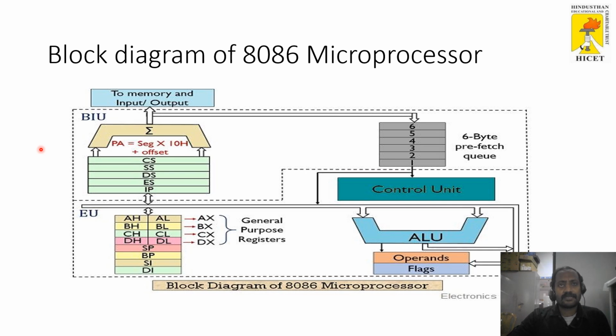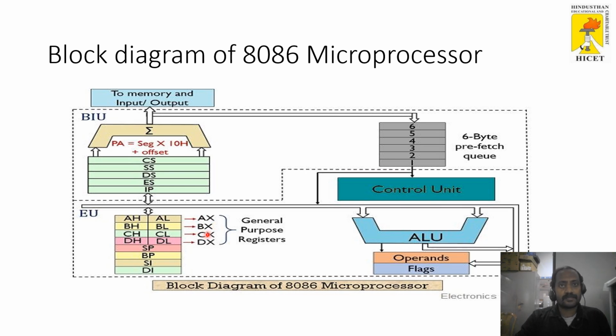Regarding the general purpose registers, as shown here, we have AX, BX, CX and DX. AX, also known as the accumulator register, is used to store operands for arithmetic operations. BX is used as a base register to store the starting base address of the memory area within the data segment.